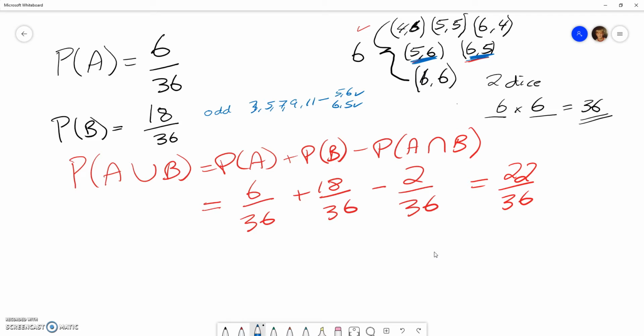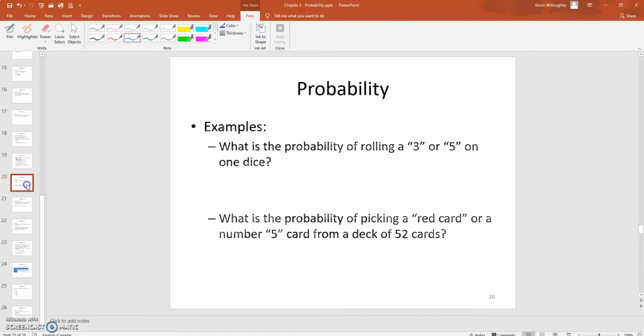We'll go on to a different example that will highlight this as well. We have this scenario: what is the probability of rolling a 3 or a 5 on one dice?